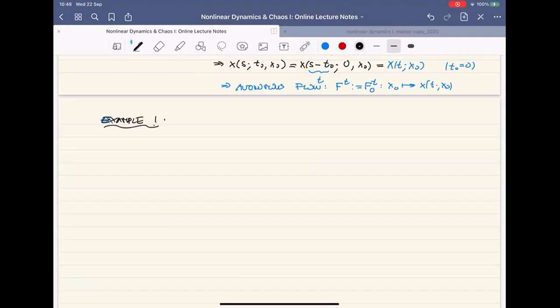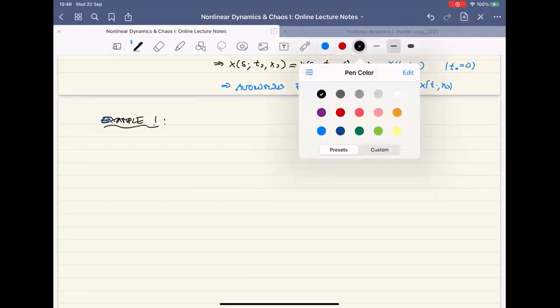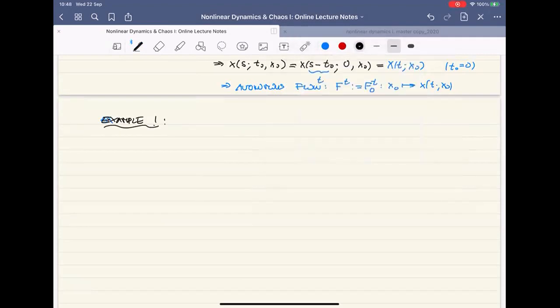So example 1 would be, I take a classic model from biology, population dynamics. And this goes by the name of resource limited population growth.